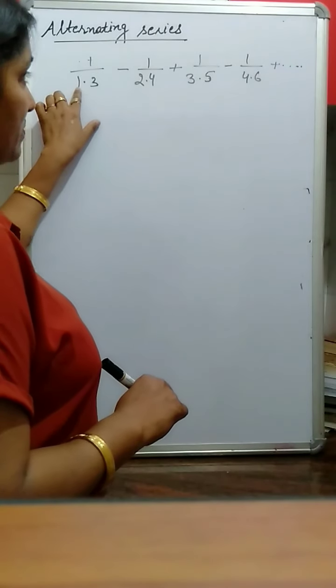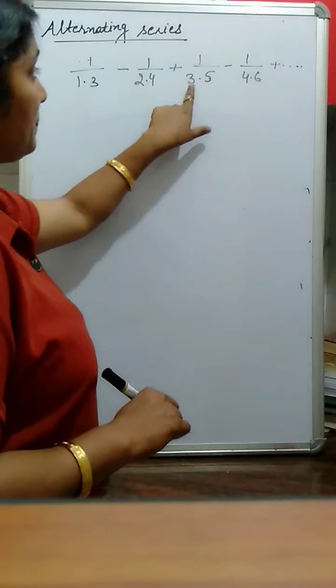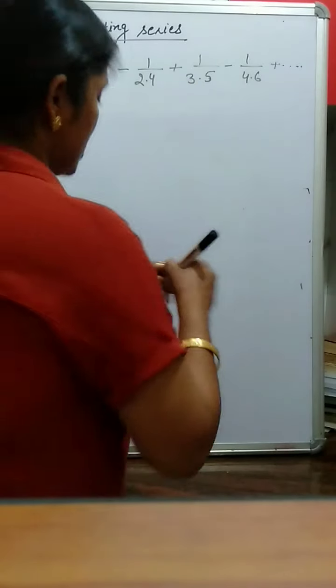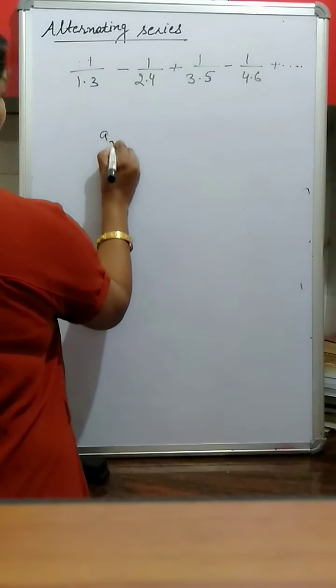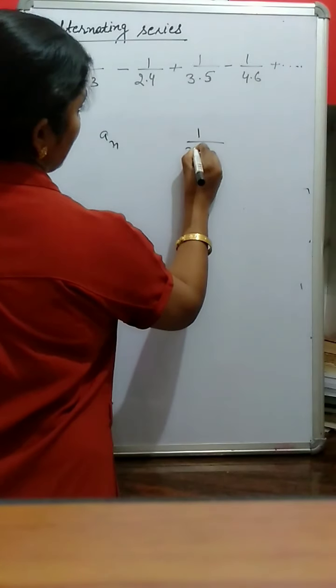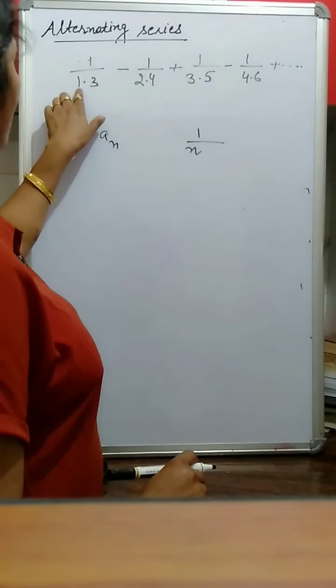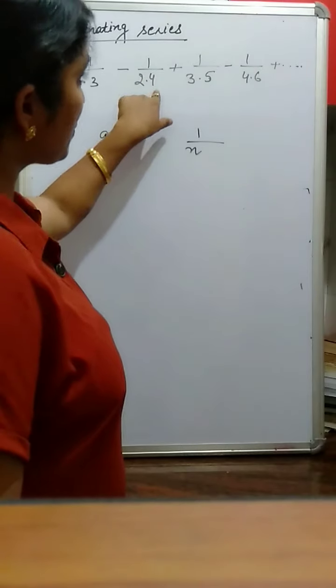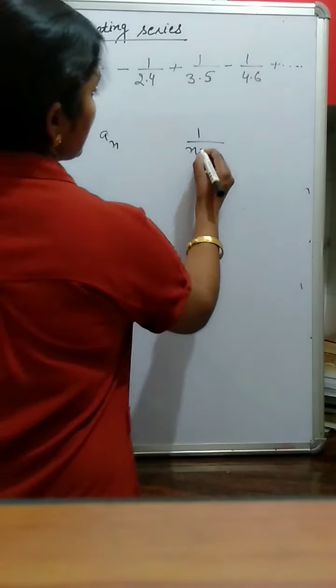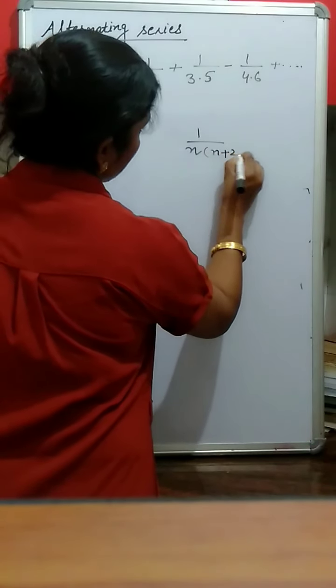First term it is 1, second term it is 2, third term it is 3. So in the nth term, what do we have? It is 1/n, and the next is 1+2 = 3, 2+2 = 4, 3+2 = 5. So it is n+2.